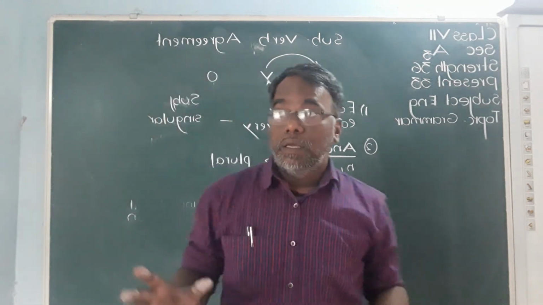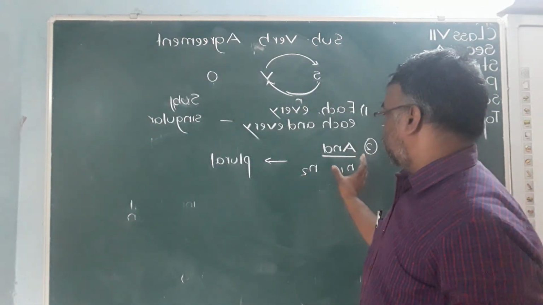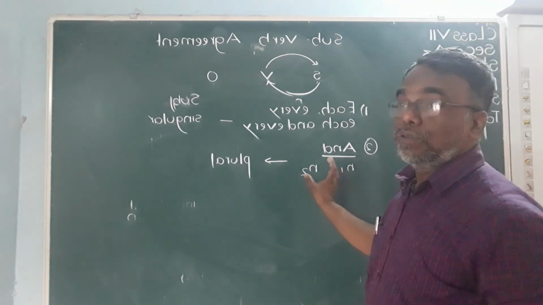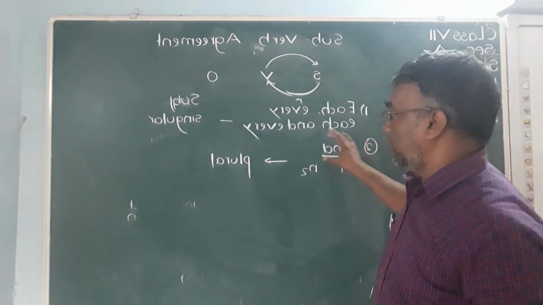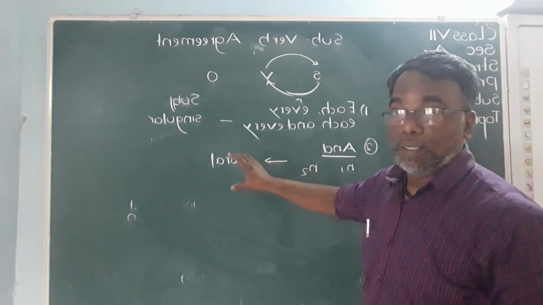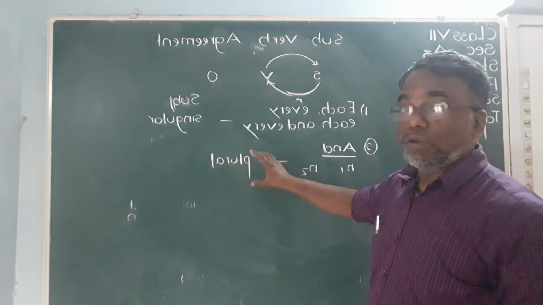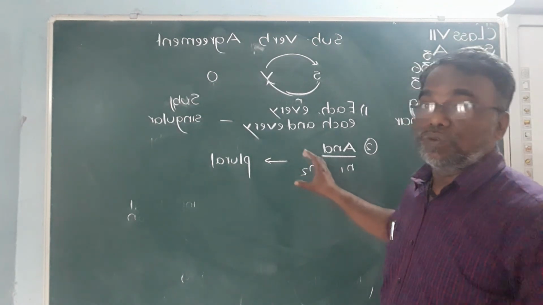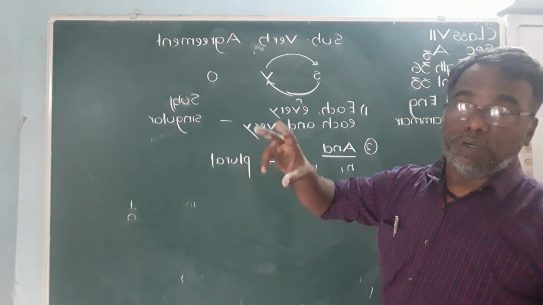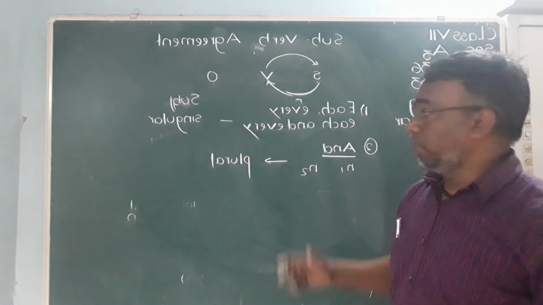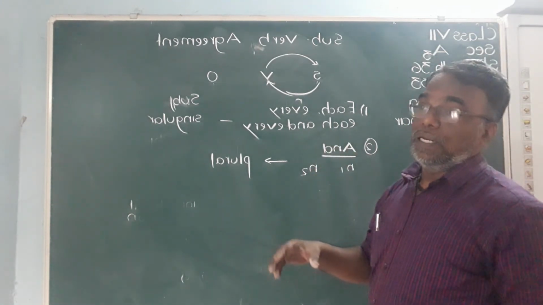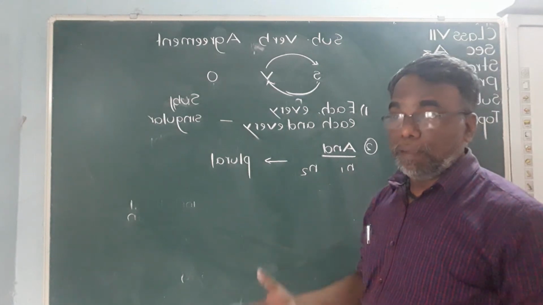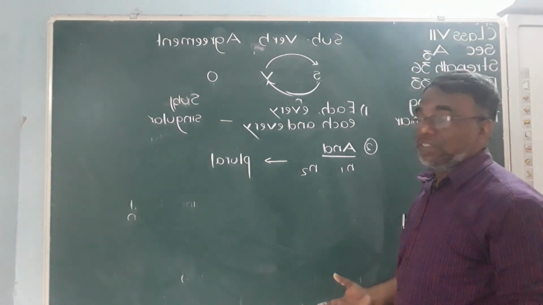But it is a prerequisite that both nouns should indicate two different people. Even though two nouns are joined with and, if they refer to the same person, the subject remains singular.